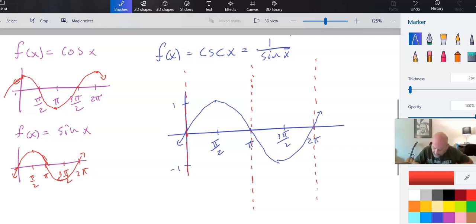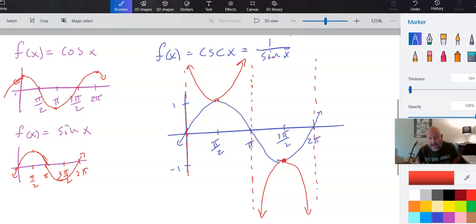From here, the ones of sine are ones of cosecant because the reciprocal of 1 is 1. And I can't go down because I'd have an x-intercept, and I know I don't have any on this. So cosecant ends up doing this and has asymptotes every pi radians.